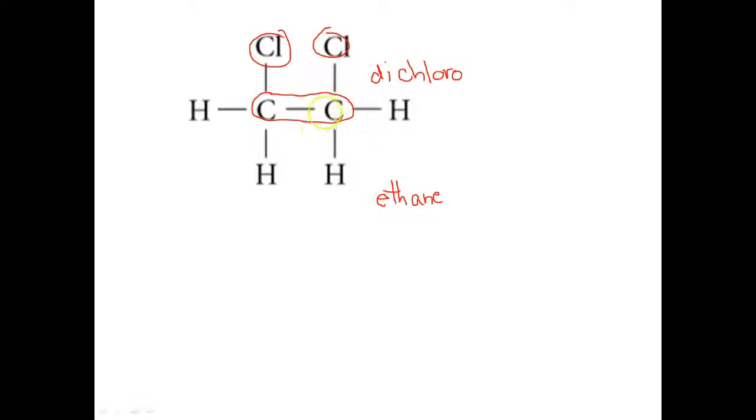Because there's no preference as to which end I start at, it'll be 1,2. Now I just need to put the whole name together. So 1,2, remembering a comma between numbers and a dash between numbers and words, dichloroethane.